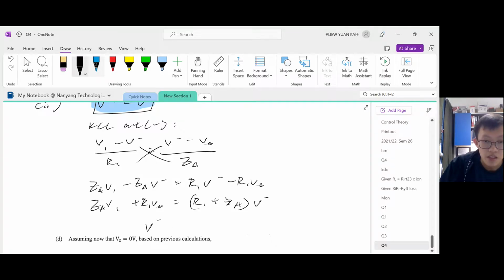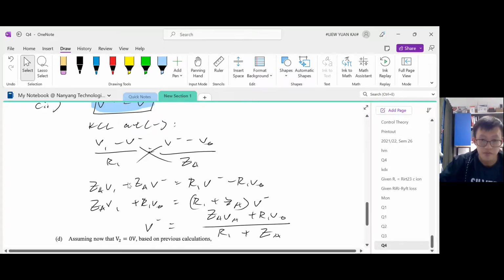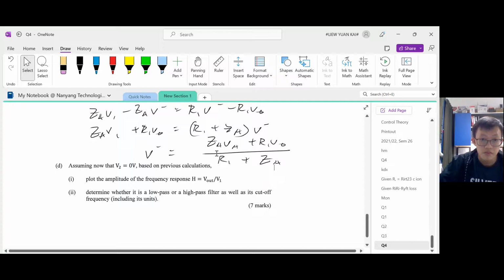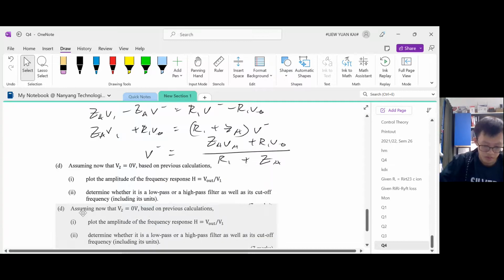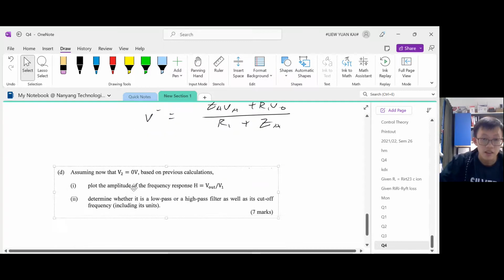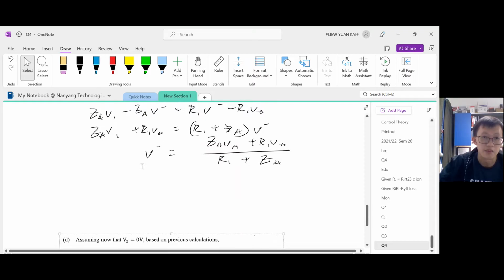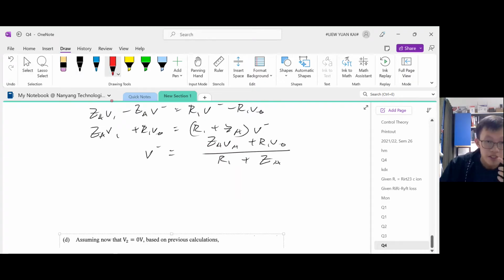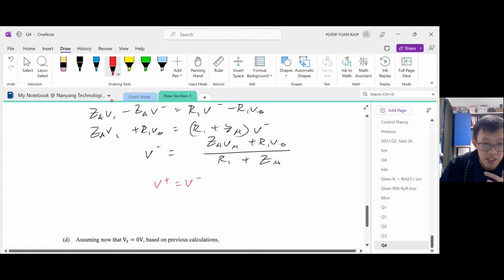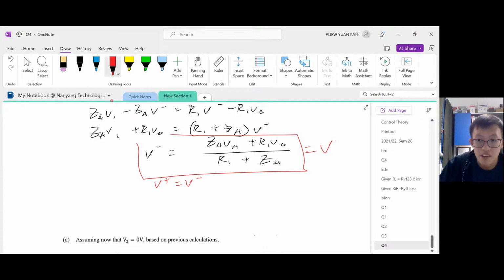Make V minus the subject, we have this. Okay, so finally we got the expression for V minus. Now we use this fact, V plus equals V minus, and equate this to the V plus that we got from earlier.